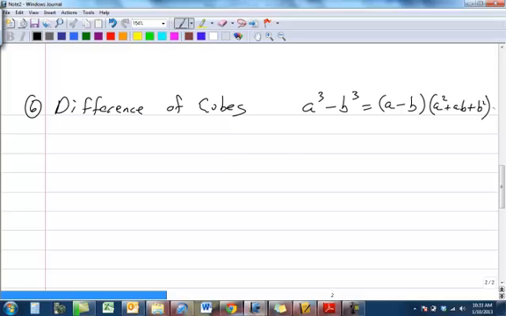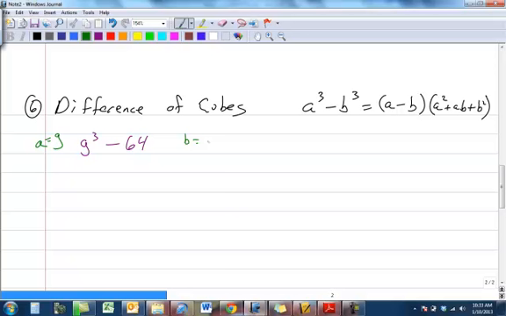All right, so let's do a quick example here. How about g cubed minus 64? All right, so again, I like to identify what a and b are going to be. If g cubed is a cubed, then a is g. And b, what times itself 3 times is 64?